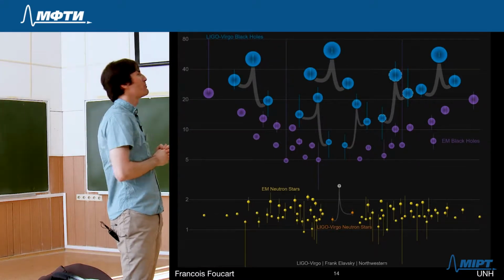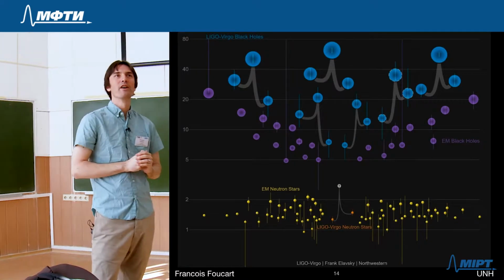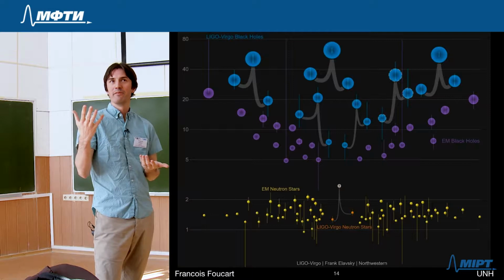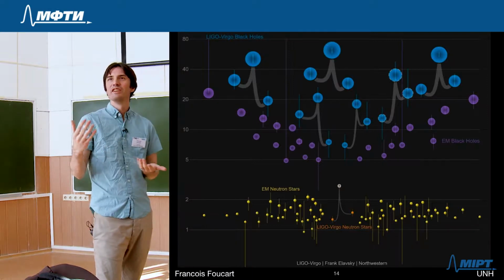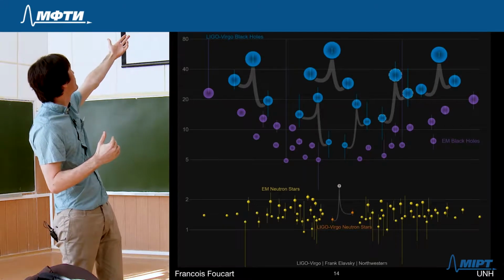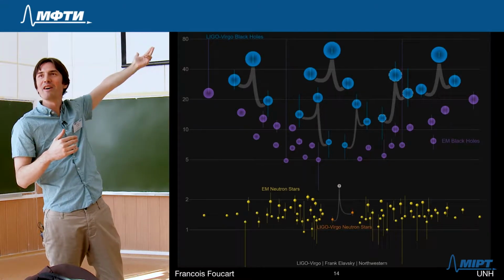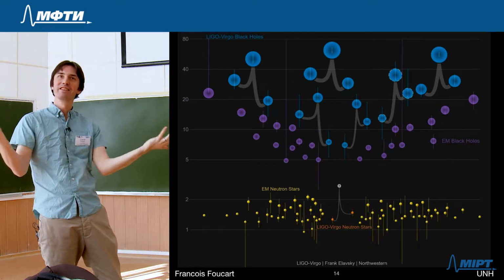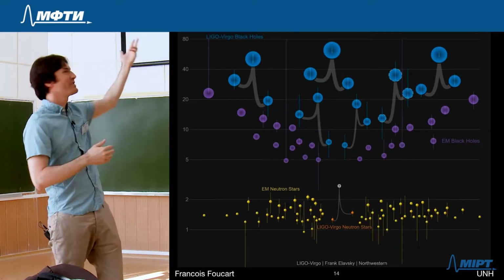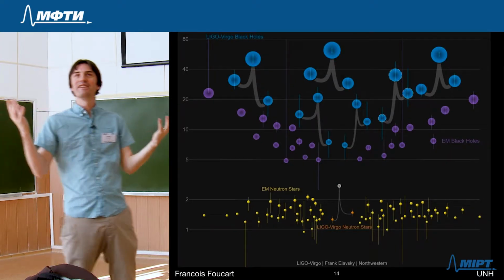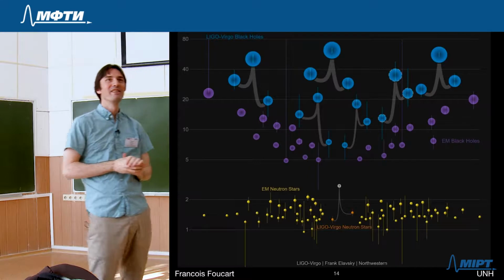But there is one important bias to keep in mind for that, which is that for LIGO, the amplitude of the gravitational wave signal scales with the total mass of the system. LIGO is able to see a 60 solar mass system about twice as far as it can see a 30 solar mass system. And because LIGO is sensitive to the volume of space that it can see, a 60 solar mass system is 8 times more likely to be seen than a 30 solar mass system.